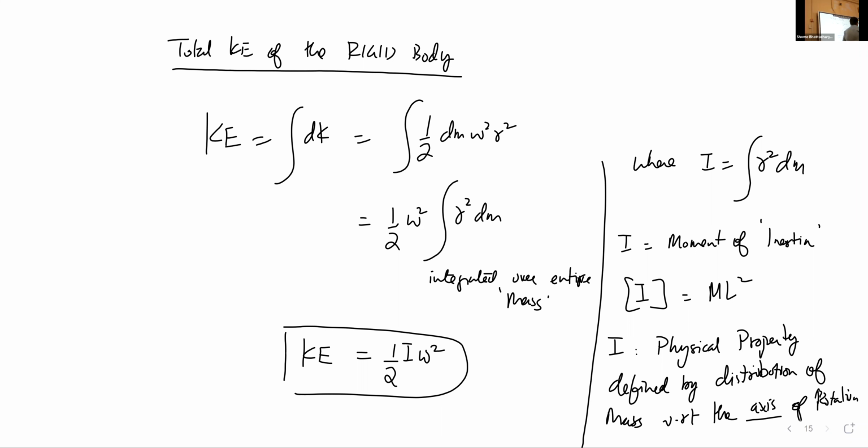So how large the rotational inertia is numerically, in kg meter square, depends not only on how large the mass is, but on how far away the mass is from the axis of rotation.